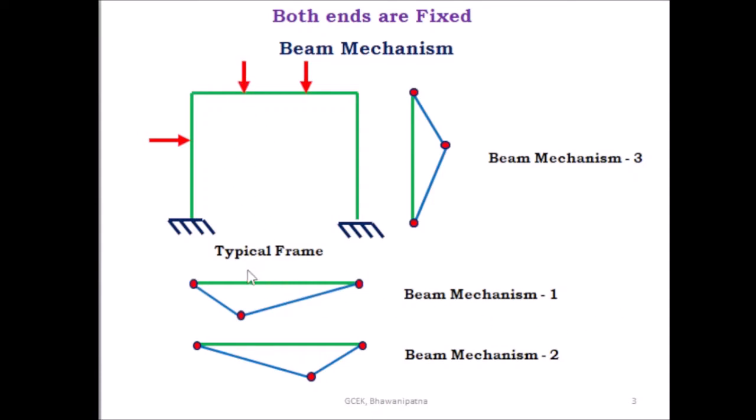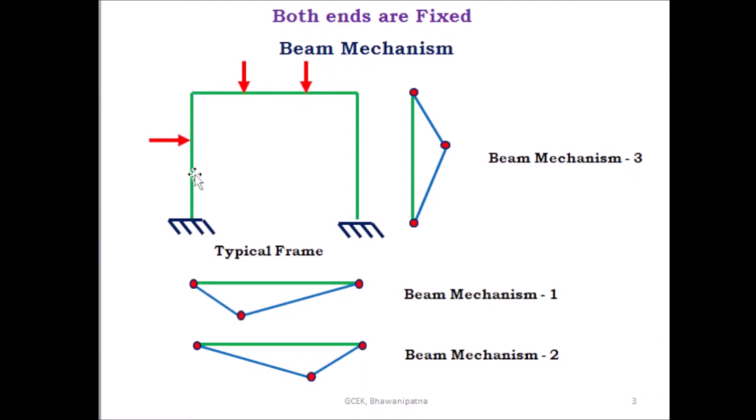In beam mechanism 1 there are 2 plastic hinges at 2 ends and 1 plastic hinge under the load, and in beam mechanism 2, 2 plastic hinges at the 2 ends and 1 plastic hinge under the load, 3 plastic hinges. And here in beam mechanism 3, here this is the load and this end is fixed and this end is the intermediate joint.